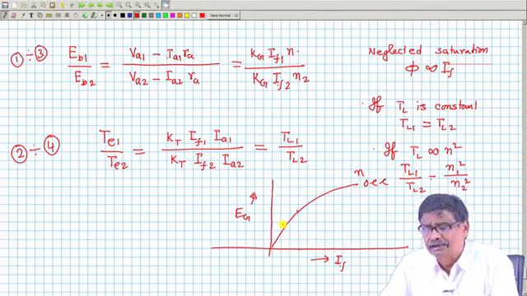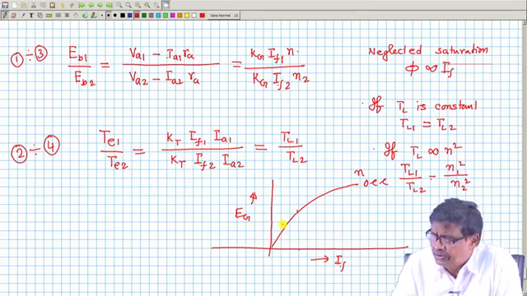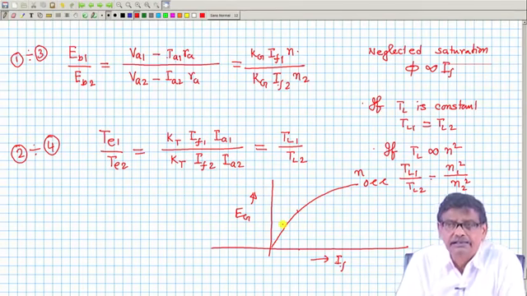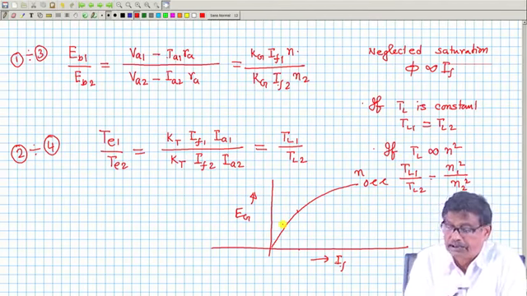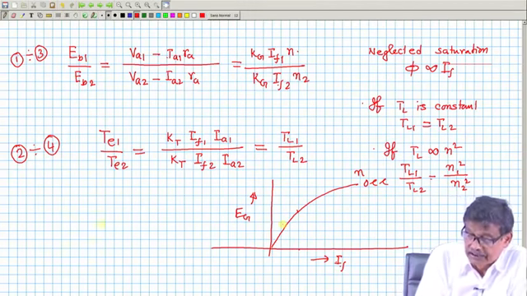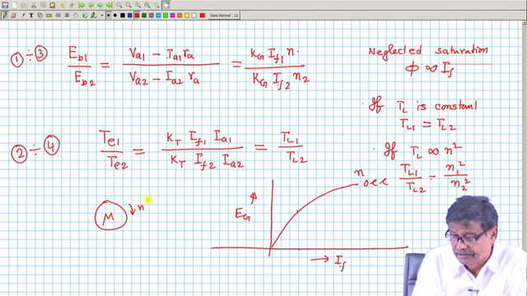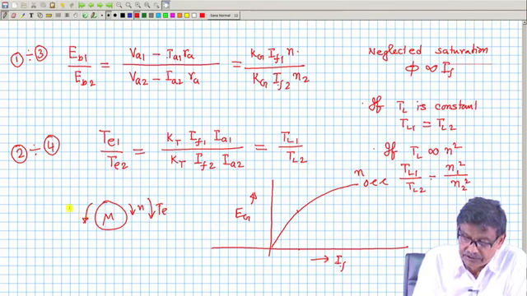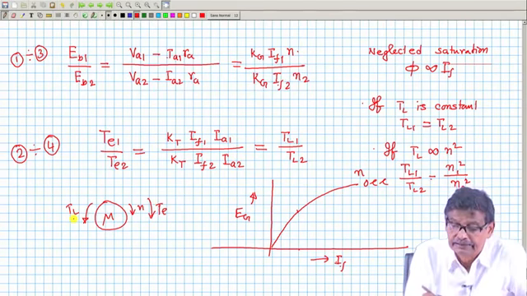But otherwise, in general, you can assume that phi is proportional to IF in the linear zone in which the machine is operating. Then these are the two equations, back EMF and the torque equation, because in steady state electromagnetic torque and load torque must be same in case of motor. If this is the direction of rotation, this is the direction of electromagnetic torque, and this is the direction of the load torque. Steady state T must be equal to TL, so that it runs at a constant RPM n.